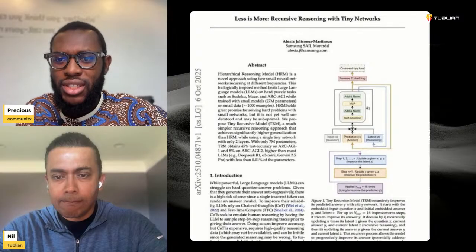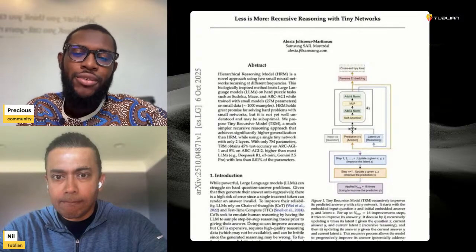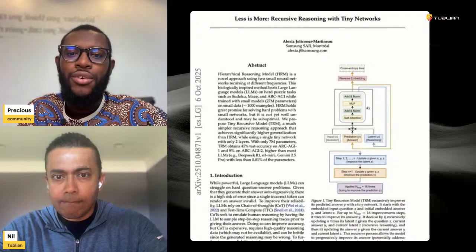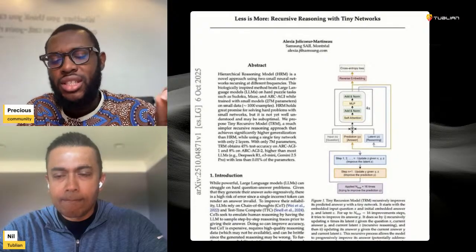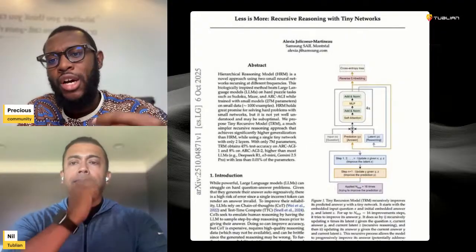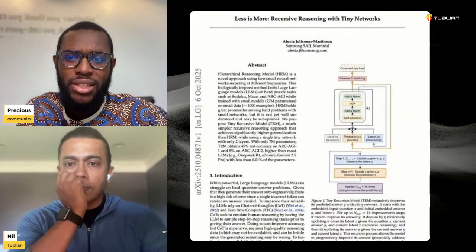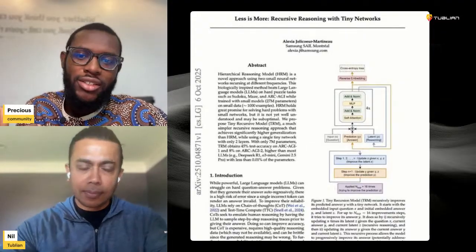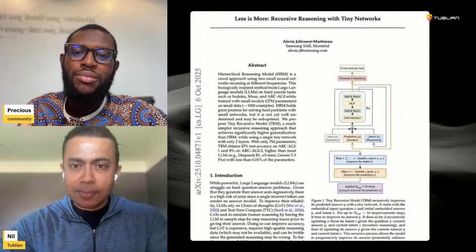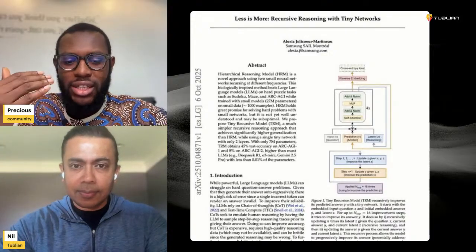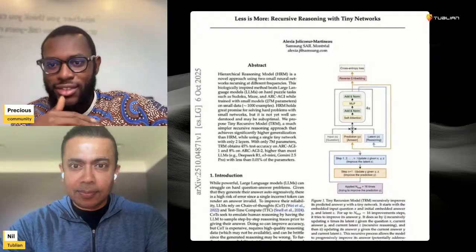Instead of billions of parameters and chain of thought prompts, this TRM loops over its own outputs to improve the answer step by step. So, no biological metaphor. It just takes its own answer and improves it.